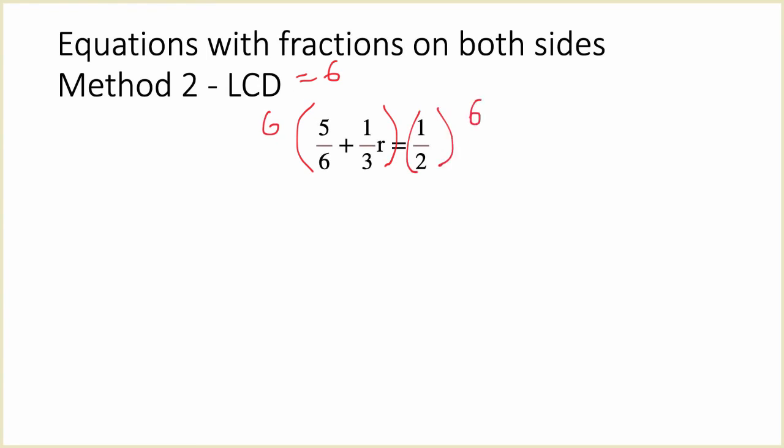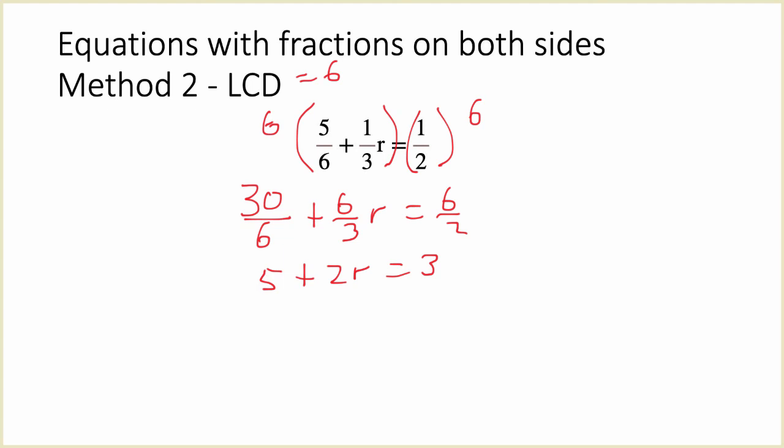I'm going to show you all the steps. Then we'll show you what I will accept for work. So we have 30/6 plus 6/3 r equals 6/2. Simplify all your fractions. 30/6 is 5. 6/3 is 2. And this equals 3.